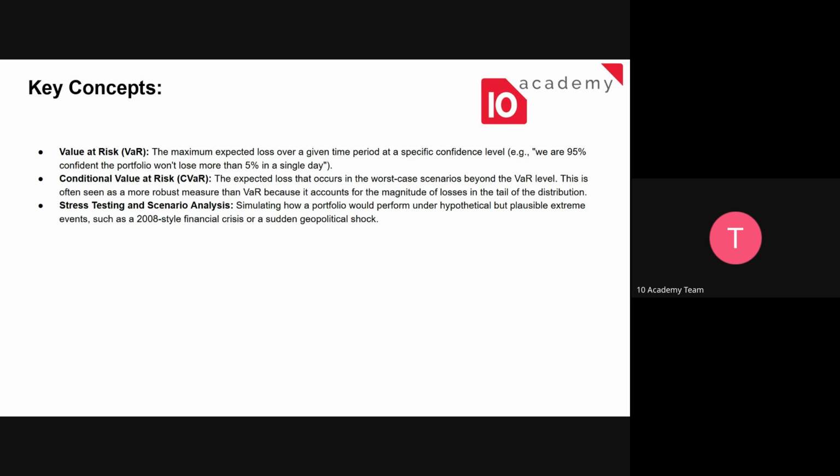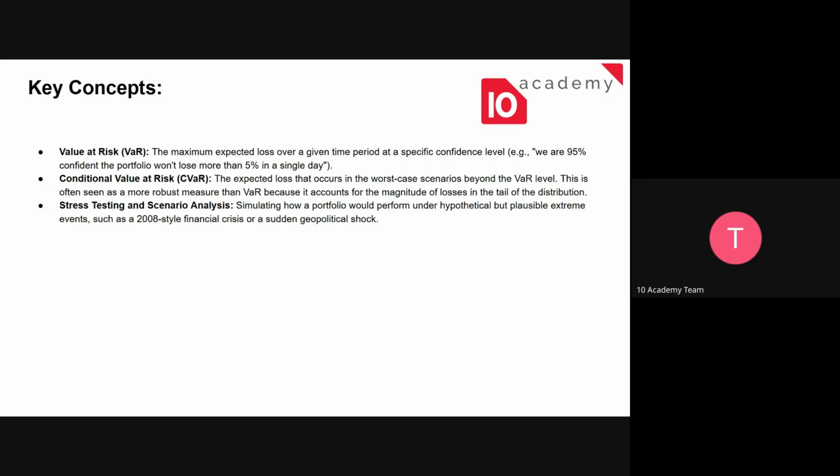So we are expecting a loss over a given period of time: the maximum amount of loss we're expecting at a specific confidence level. If our confidence level is 95%, the portfolio won't lose more than 5% in a single day. We're just putting our confidence on our portfolio. This is the value at risk.